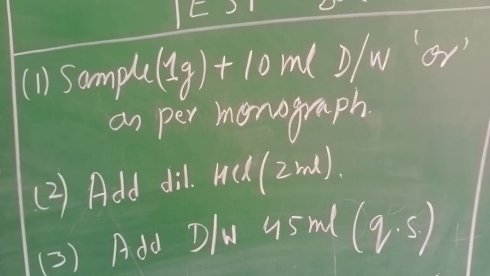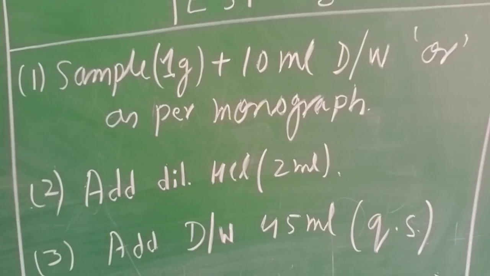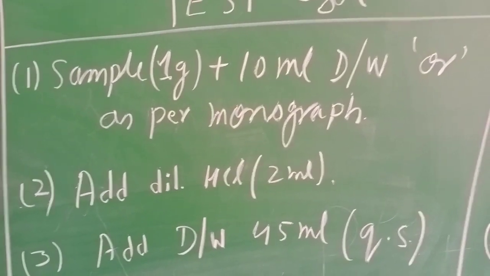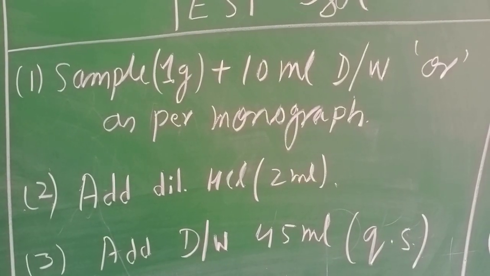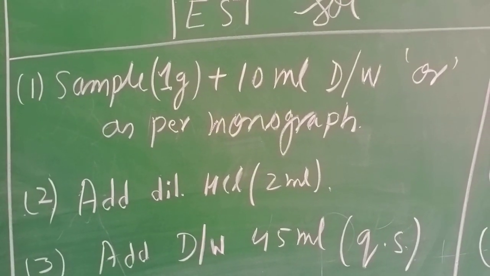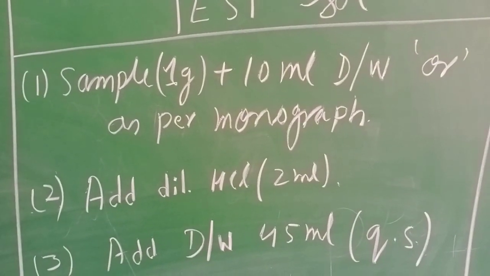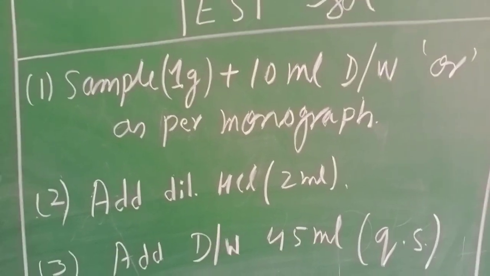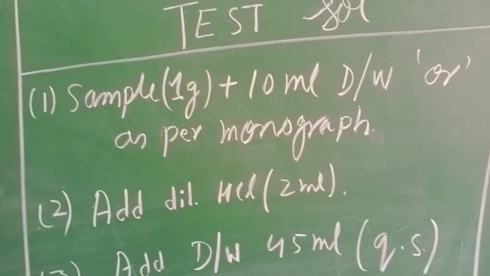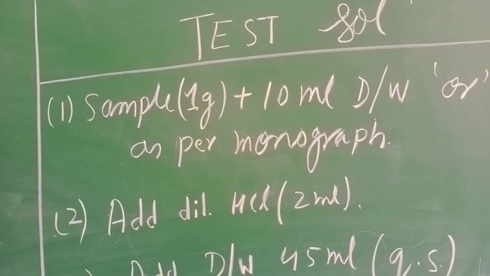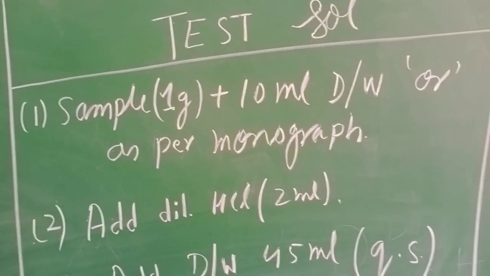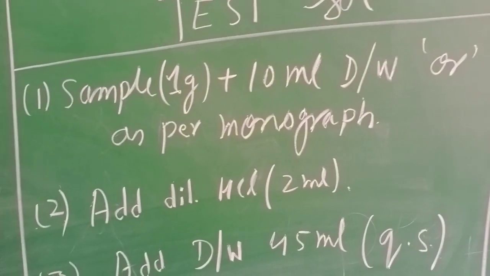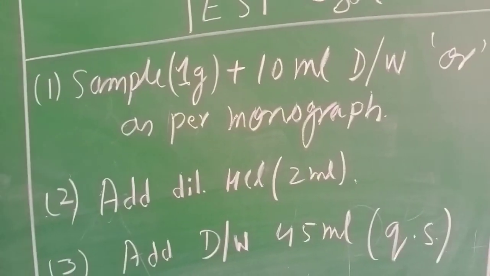Unless any treatment of the sample according to its physiochemical characteristic is required, the sample is prepared or dissolved in requisite amount of distilled water, which here is 10 ml.